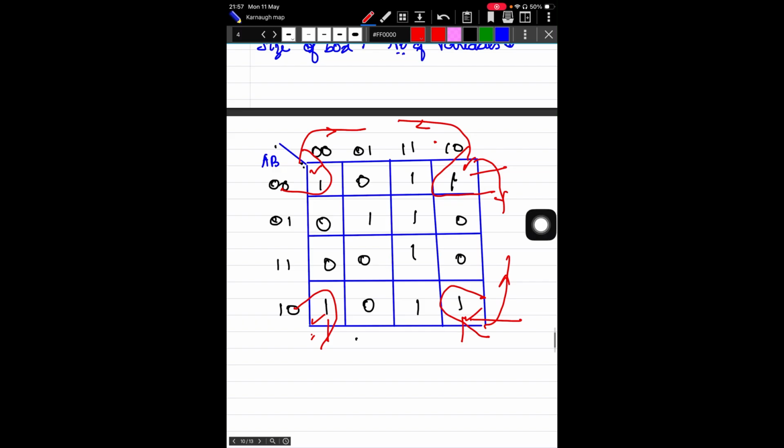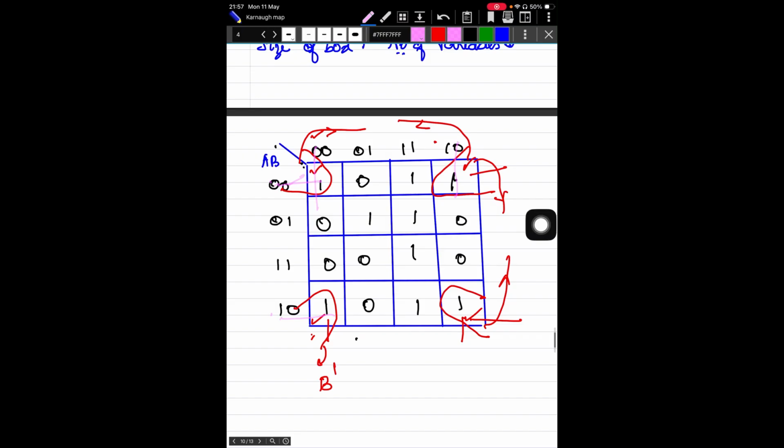I'll take my blue pink pen again. Row wise, I'm projecting. What is common? A is 0, 1, so A is not common. B is 0, right? So red group 1 name: B dash. Come to this end. A is projected column wise.